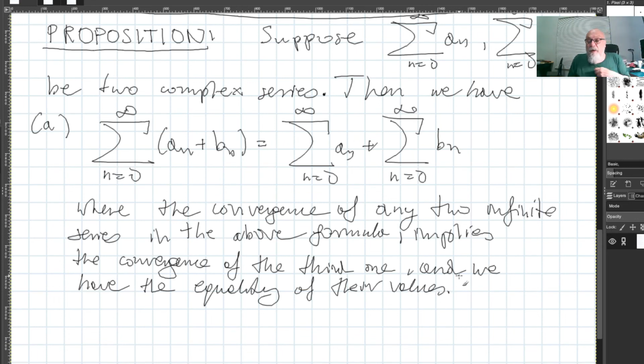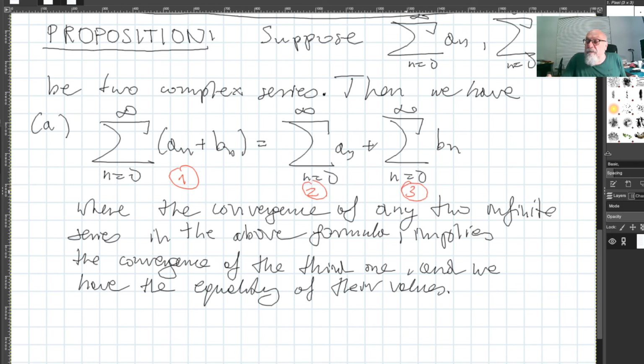So that means if you take the sum of the coefficients and make it into an infinite series, and if, for example, bn is convergent, then an will also be convergent, or any two of these three series. So this is my number 1 series, this is number 2, this is my number 3 series.